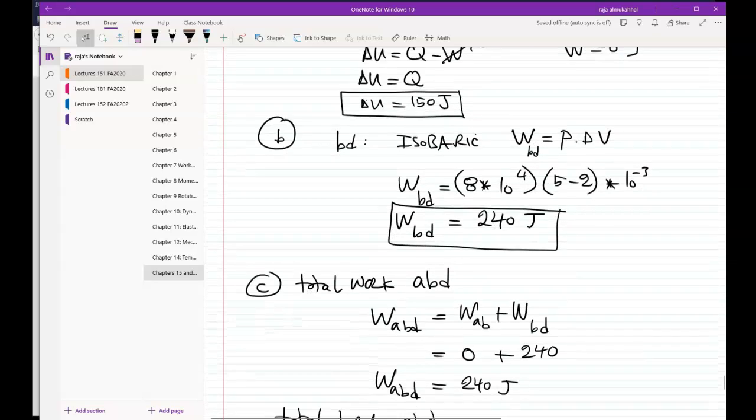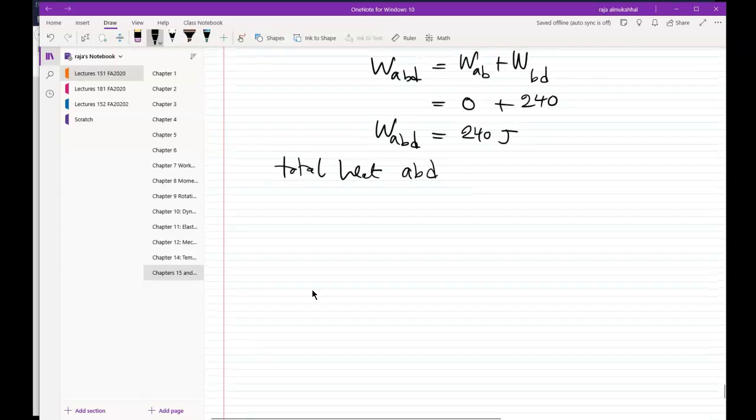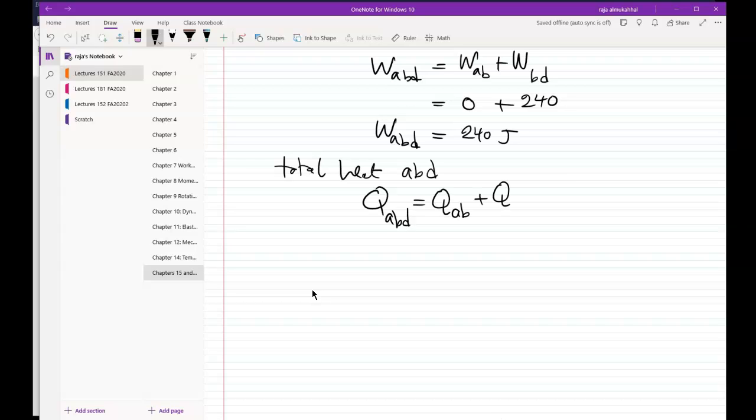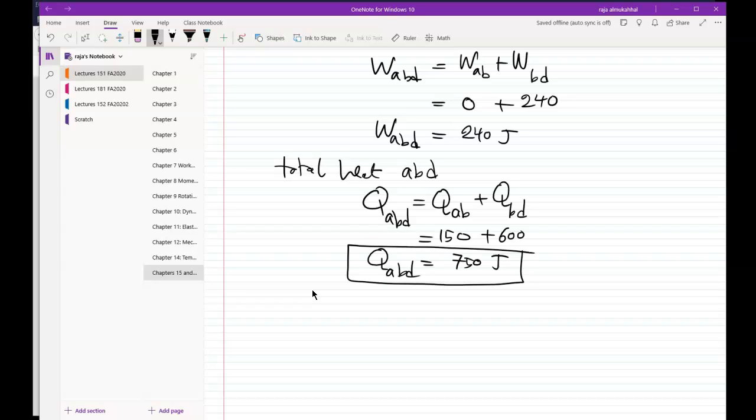So the total heat ABD is equal to the heat from A to B plus the heat from B to D, and that's equal to 150 plus 600, which is 750 joules. Okay? Next.